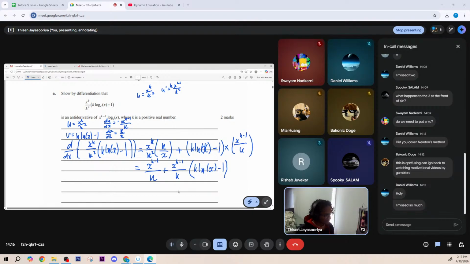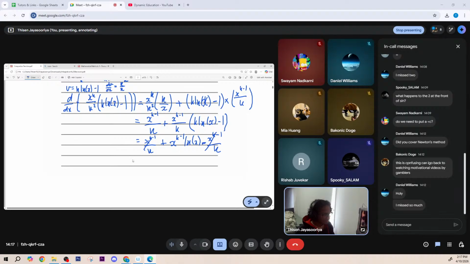We expand out the brackets for both of these, and we get k x take away 1 over k plus, if we expand the brackets, we cancel out the k at the bottom and the top, and we get k x take away 1 ln of x take k x to the power of k take away 1 over k. We can see these two cancel out to each other, and what we're left with is k x take away 1 ln of x equals x to the k over k squared, brackets, k ln of x take away 1.